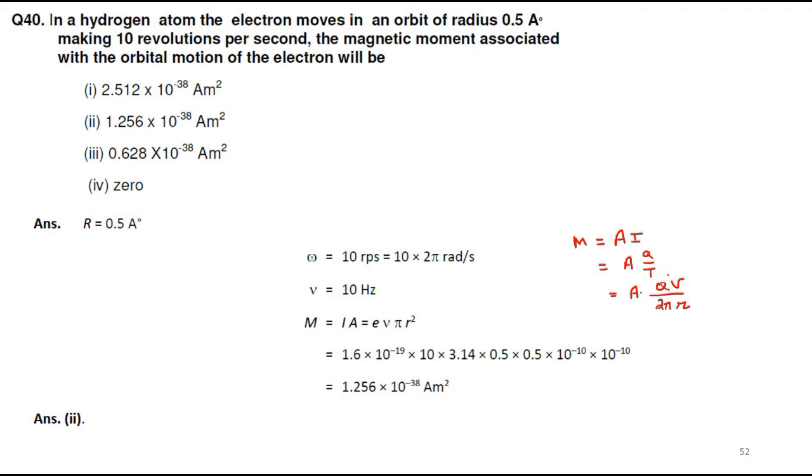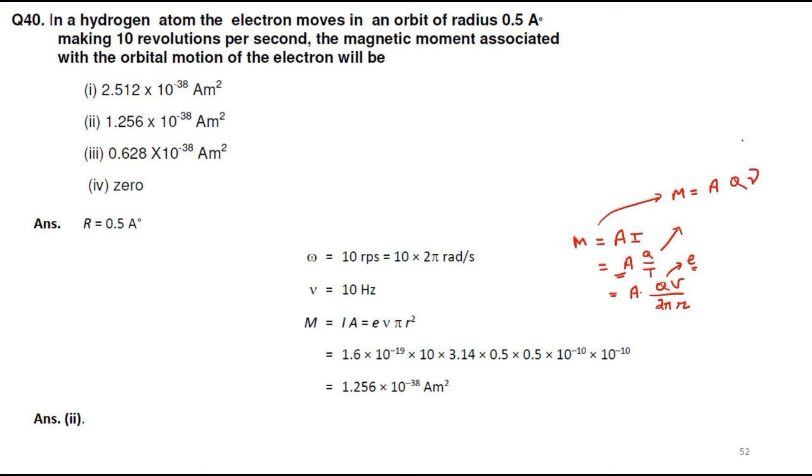So instead of Q you can even write e, the electron charge. V is the velocity. But instead of this T you can even write frequency. You can write m is equal to A q as it is, but 1 by T you can write as frequency.